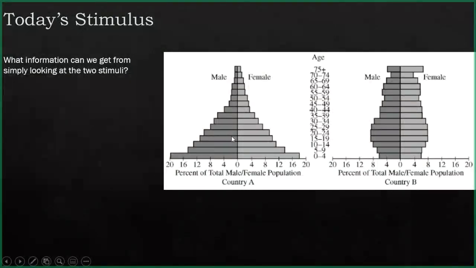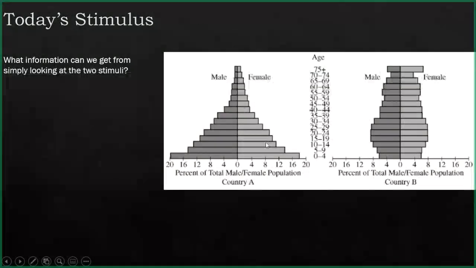Some things that we can already assume from just looking at this is that this country right here spends a lot of money or a lot of time on the youth-dependent population. Now remember, the youth-dependent population is anybody under 15, so that'd be 0 to 14 years old. These first 3 bars.